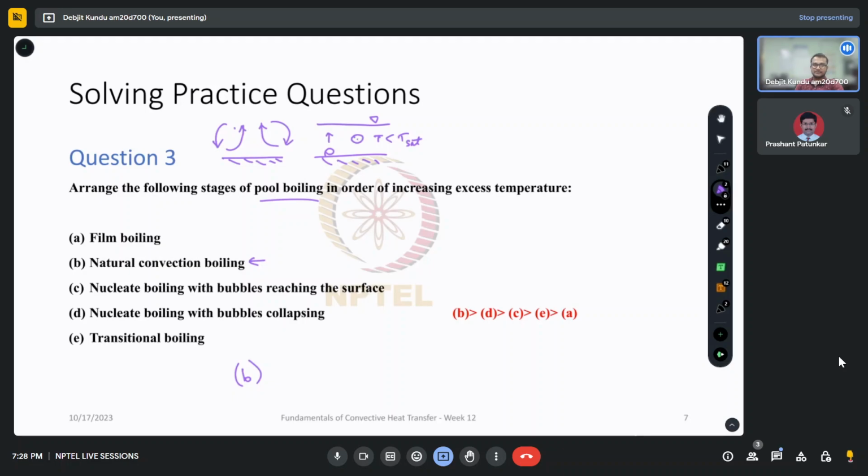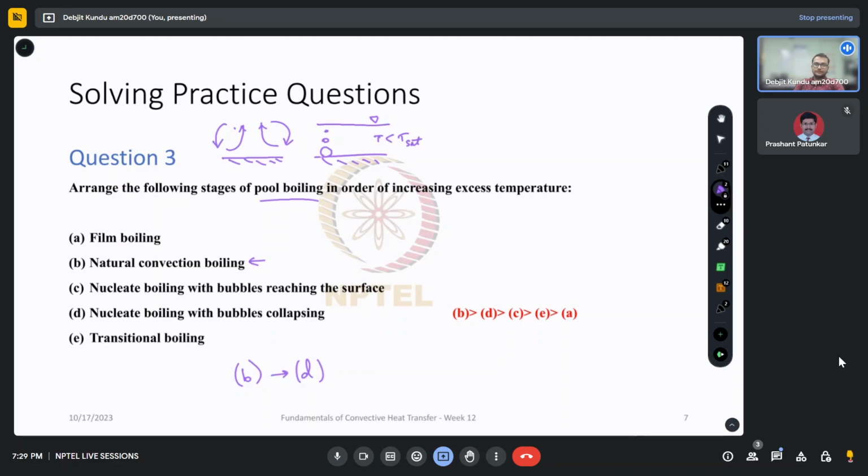So as this bubble goes up, it becomes smaller and smaller in diameter. If I draw this correctly, there will be a bubble formed like this, which will get smaller and smaller until it just disappears before reaching the surface. So after option B, we will have option D, that is nucleate boiling, but with bubbles collapsing before reaching the surface.